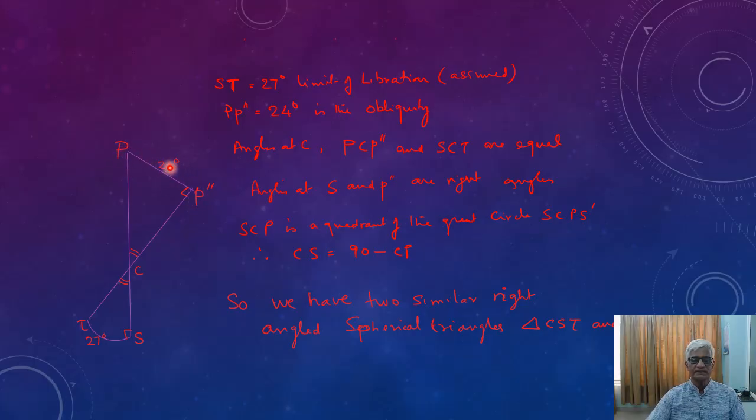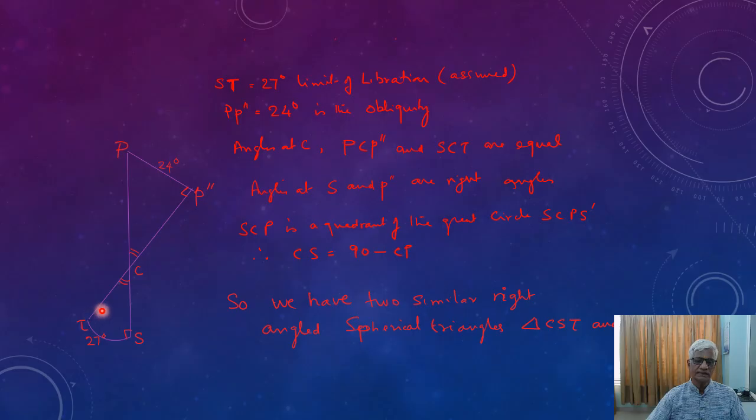So this arc represents 24 degrees. The point at which the two circles cut each other is a right angle, and the solstitial colure cutting the ecliptic is a right angle. So there are two right angled spherical triangles.